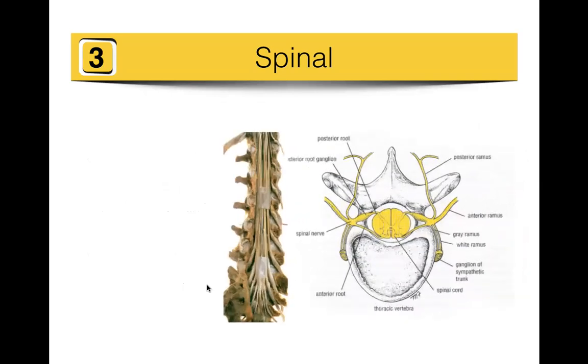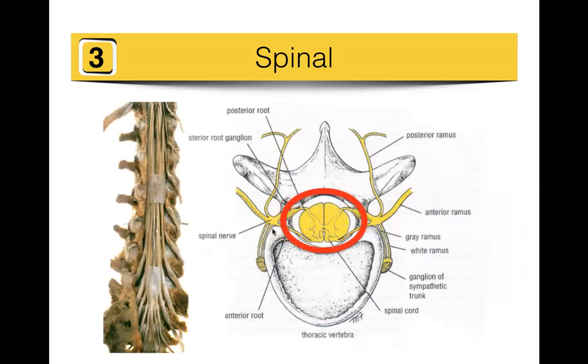If we have here a cross-section of the vertebral column, we can see that the encircled structures are considered spinal. This would include the spinal cord itself and nerves that arise from the spinal cord, as long as those nerves are still located within the vertebral column.